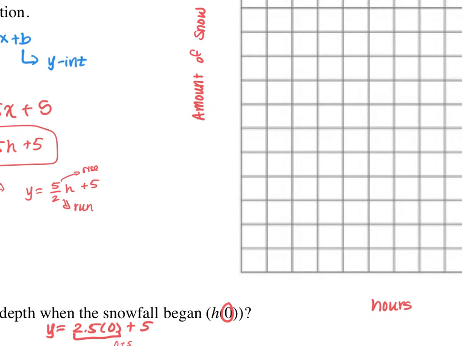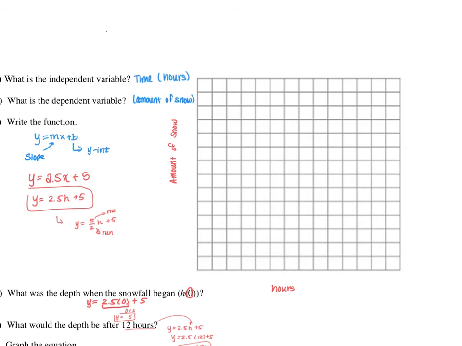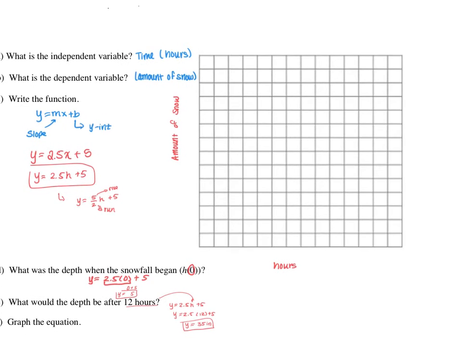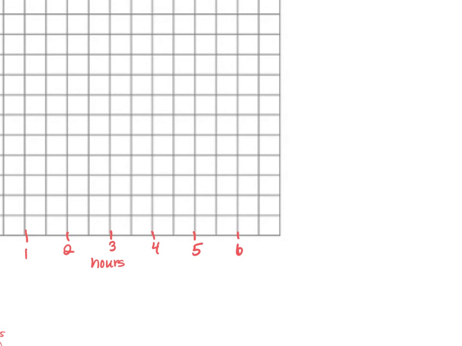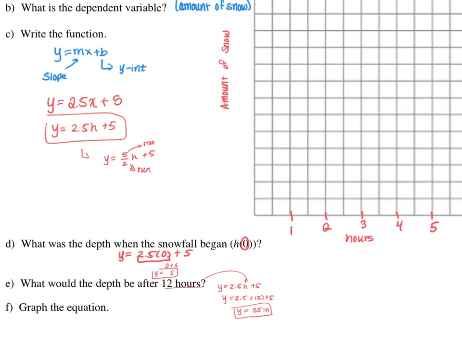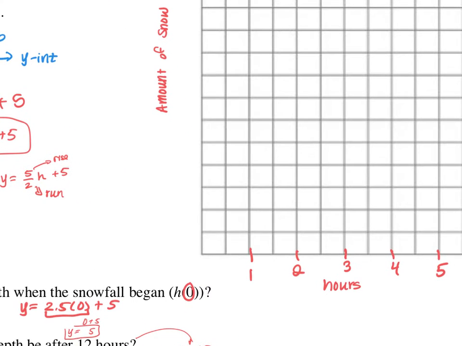What I'm going to do is make my hours go out by every 2 is going to be 1. And then I'm going to make every box 5. So this will be 10, 20, 30. Wait, that's way too big. One second.